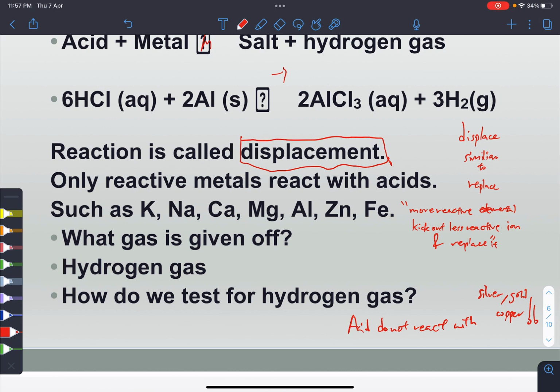Oh, silver, gold, copper, they can all be used to make coins. Silver coin, gold coin, copper coin. So these are the coin metals per se. This is what you need to know. It can help you remember, so you don't need to remember the series. So acid plus metal gives you salt and hydrogen gas. Yep.